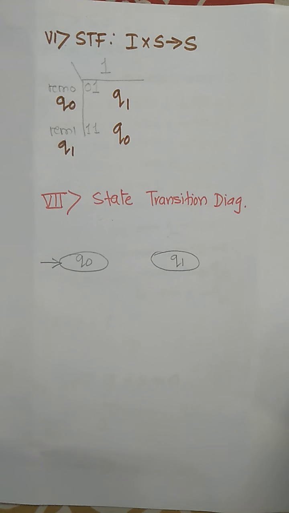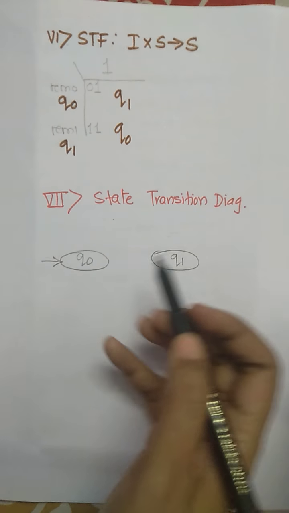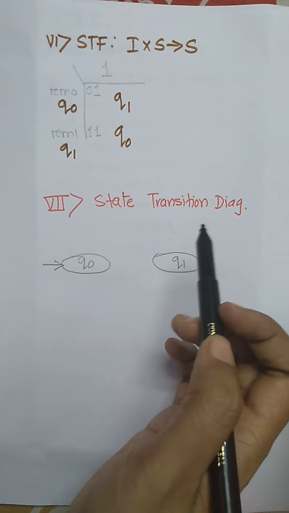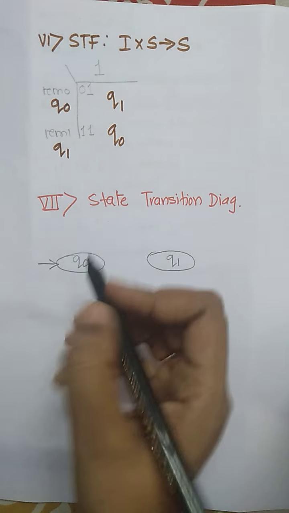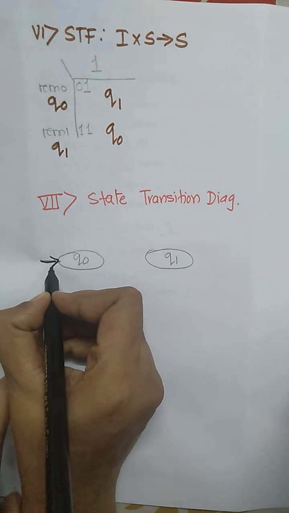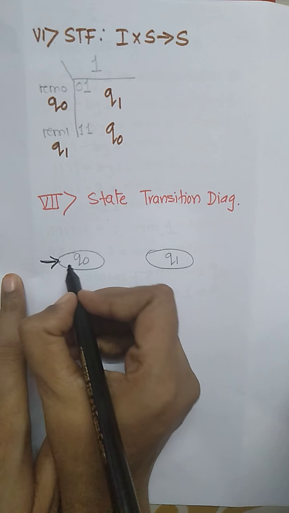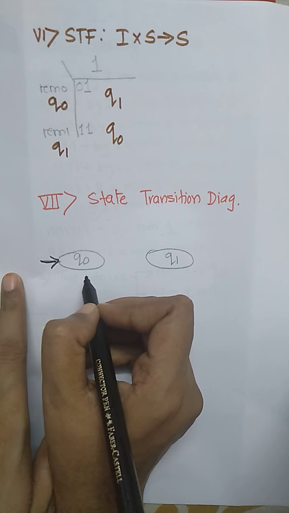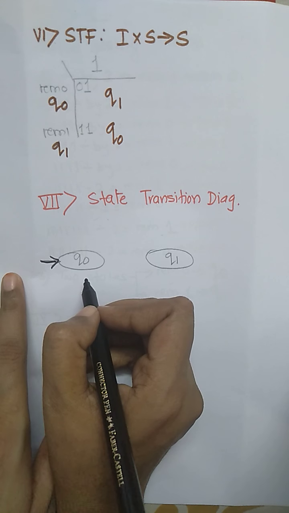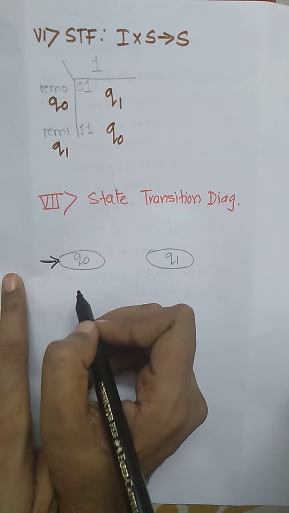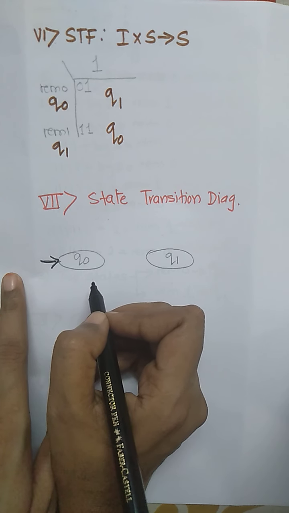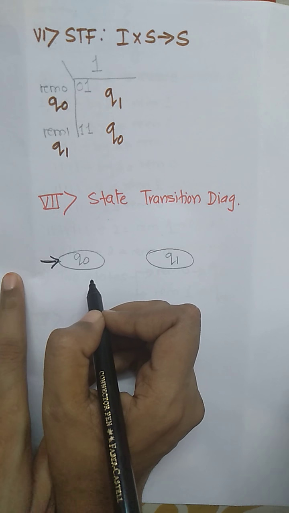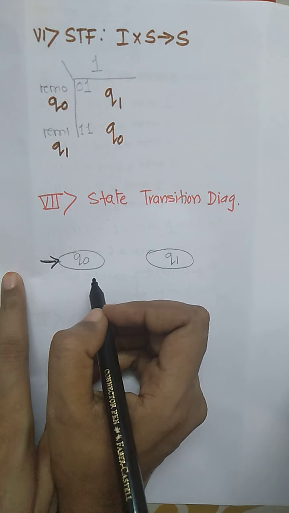Now we are going to write the tables and complete the state transition diagram, in which we mark the initial state with an arrow. Here we have two states, Q0 and Q1. Q0 is marked as the initial state because previously nothing was present, so we consider 0, and 0 is divisible by 2 with remainder 0. Now Q0 with input 1.